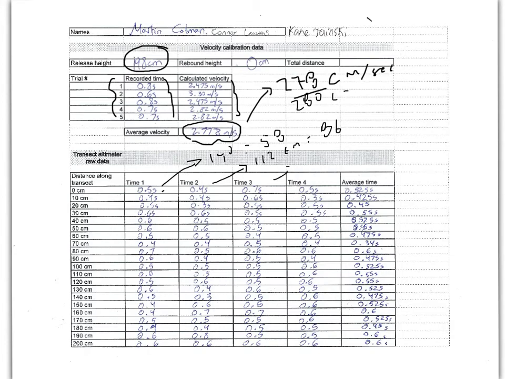And then 0.7, we get 196 centimeters, which means we would estimate that the height of the profile from this measurement was 2 centimeters. And we have another measurement of 0.5, so we would guess that the ball dropped 140 centimeters, which would mean that the profile was 58 centimeters above the bottom of the paper.